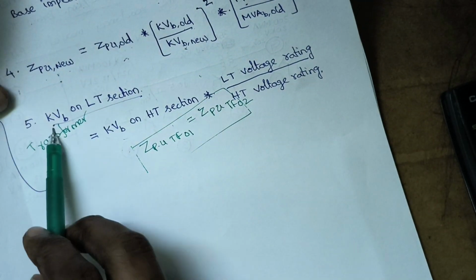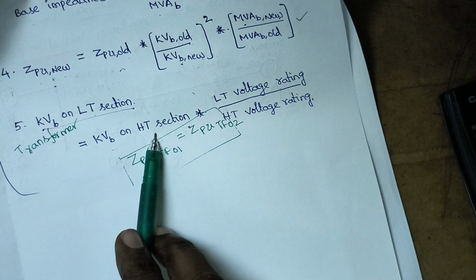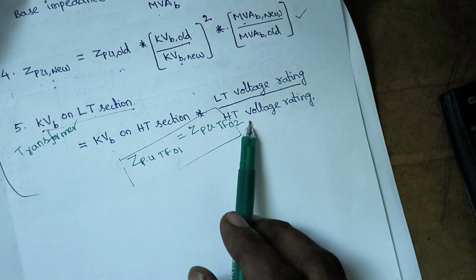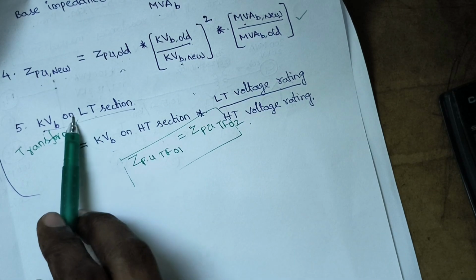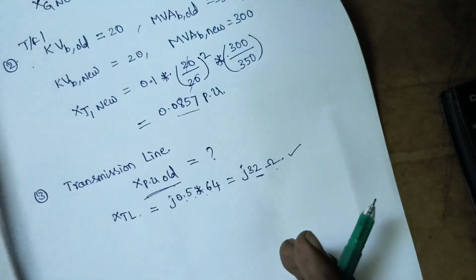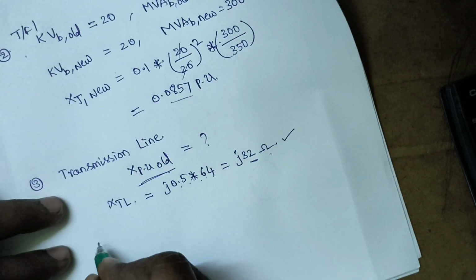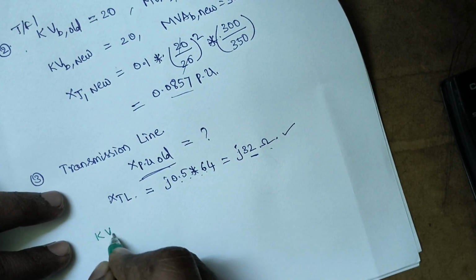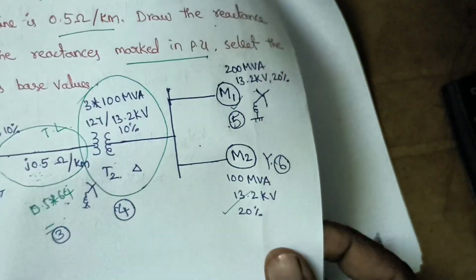KVB on LT section is equal to KVB on HT section into LT voltage by HT voltage. That means KVB on HT is equal to KVB on LT into HT voltage by LT voltage. So I will use the same formula. Which side is the transmission line connected to?